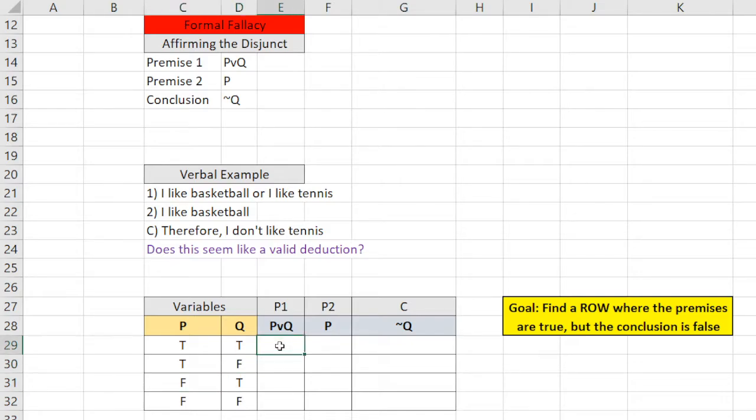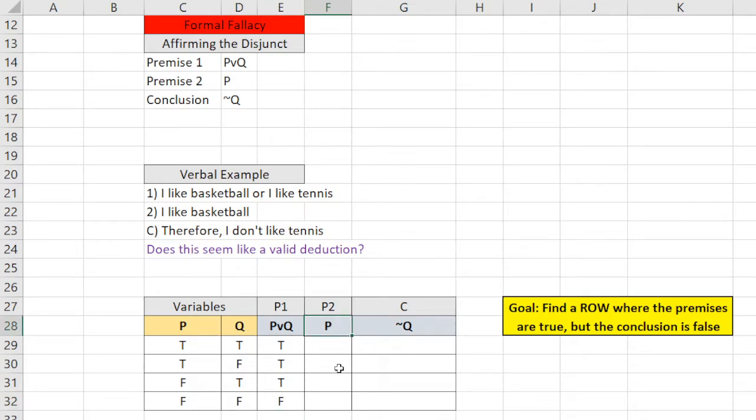And now you have to know a couple of rules. So this is a disjunction, which means it's true when only one of the disjuncts is true, or both. So in this case, true or true, that is true. True or false, that's true. False or true, that is true. False or false, since they're both false, this is false. Okay, now P. Well, we already have that.